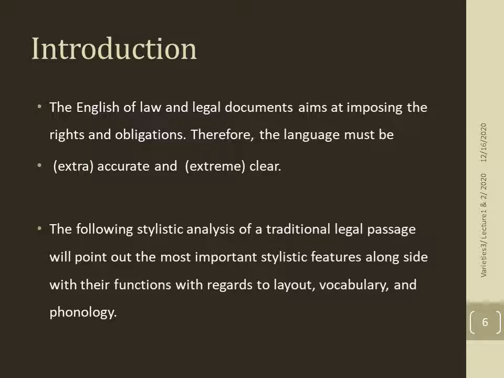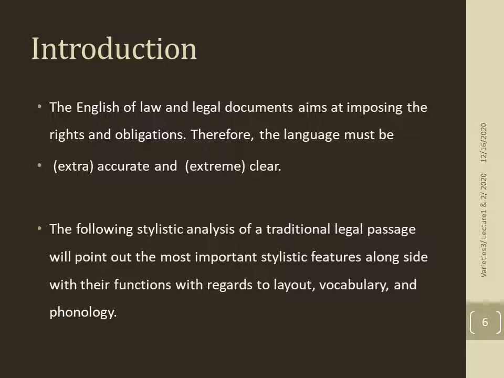The English of law and legal documents aims at imposing rights and obligations. Therefore, the language must be extra accurate and extremely clear. Okay, so we are here talking about serious things. We are talking about imposing, for example, rights and obligations, things that have to do with law.